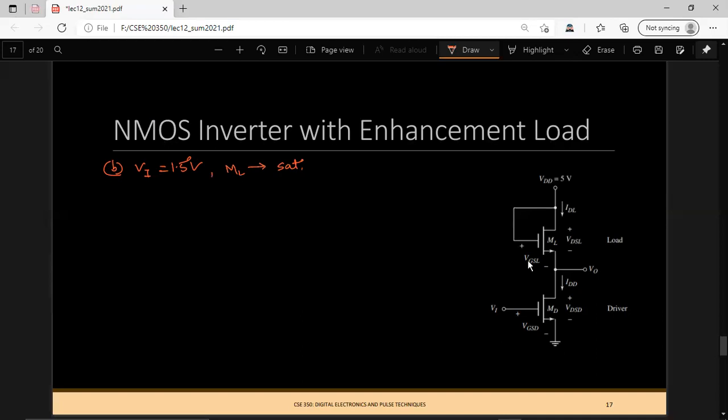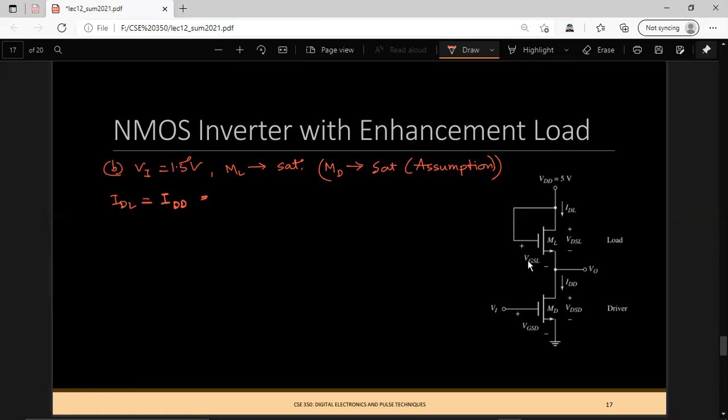For this condition, we will assume that MD is in saturation. This is our assumption. Let's check it out. Again, our drain current are equal.